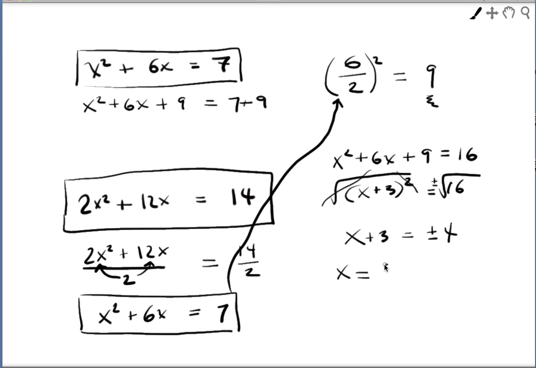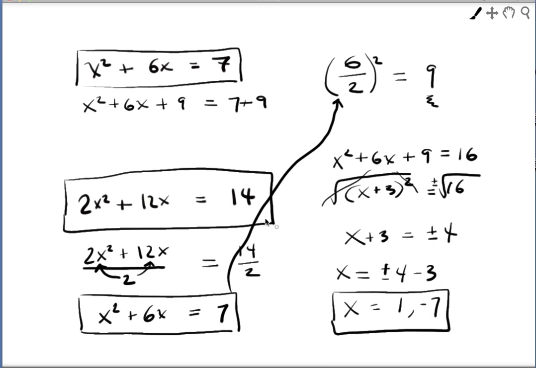So we have plus or minus 4 minus 3. And of course we're going to generate two rock solid numbers here. Plus 4 minus 3 gives us plus 1, that's one answer. A minus 4 minus 3 gives us a minus 7. And so there's our two answers. Both of those values will work in this equation and in this equation.